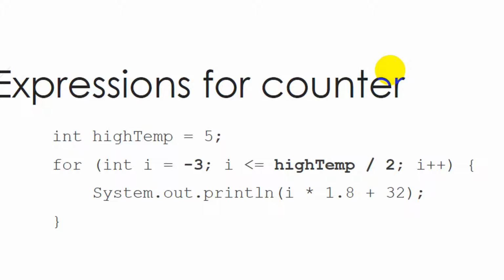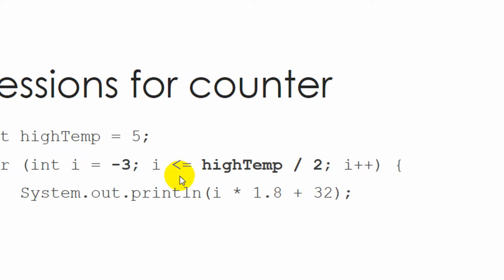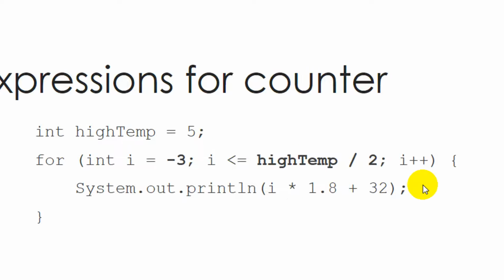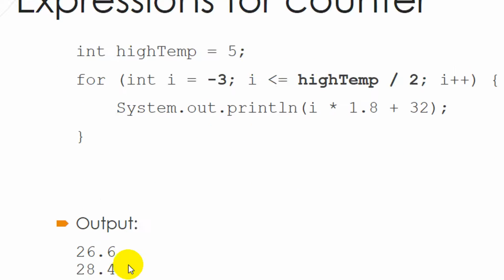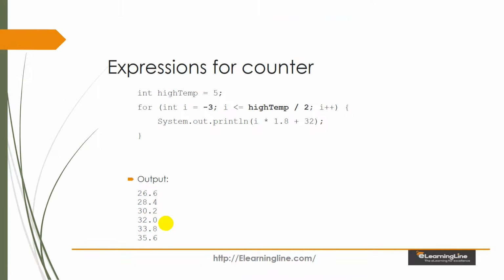So just see it over here. i starts with -3, i less than or equal to high temperature divide by 2, i plus plus. So over here, you are using an expression for this one, right? And then i plus plus, and then System.out.println, right? And this is how your output looks right now. Just run this one.